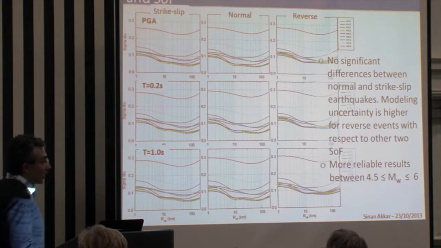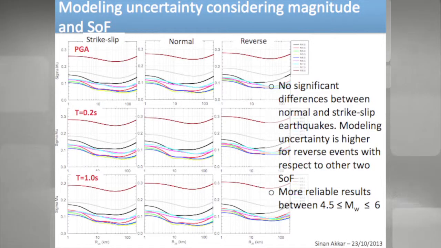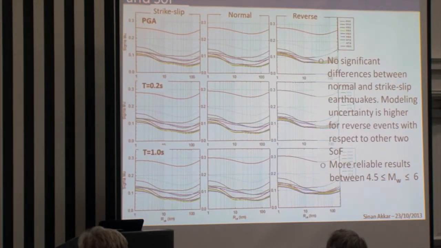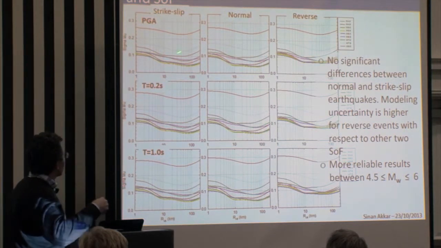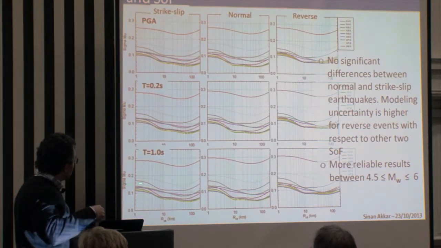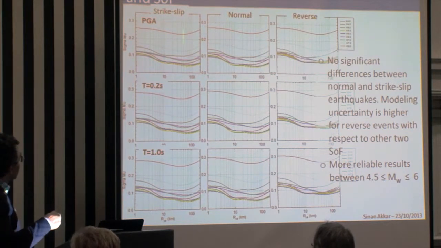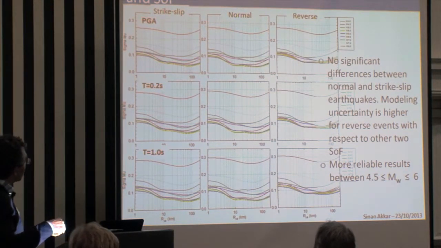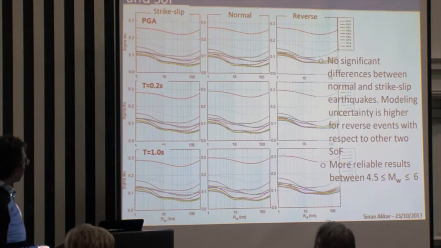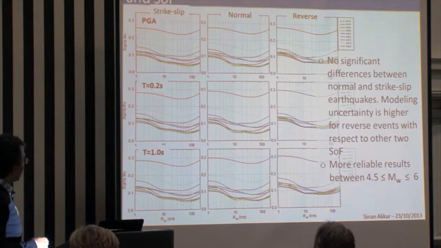Okay, so these plots again show the modeling uncertainty in terms of magnitude and style of faulting. We used the expressions proposed in Al Atik and Youngs' PEER report. The first row shows the PGA values, the second row shows 0.2 seconds, and the third row shows 1 second. The first column is strike slip, the second column is normal, and the third column is reverse. I know that the legends are very small, so I'll try to describe them to you.